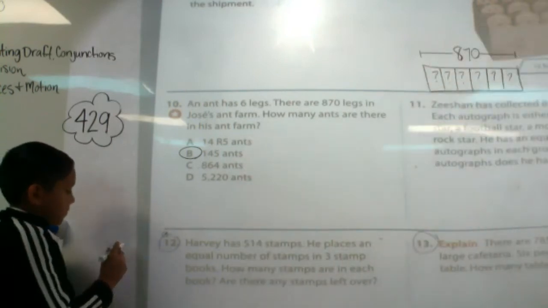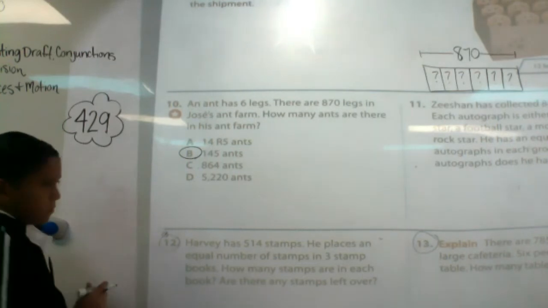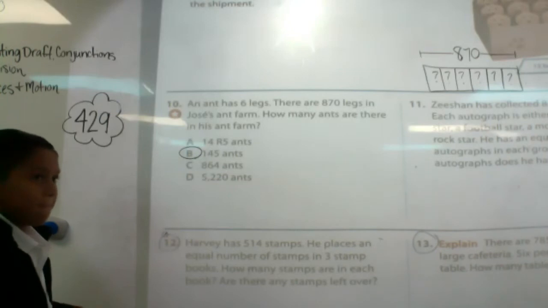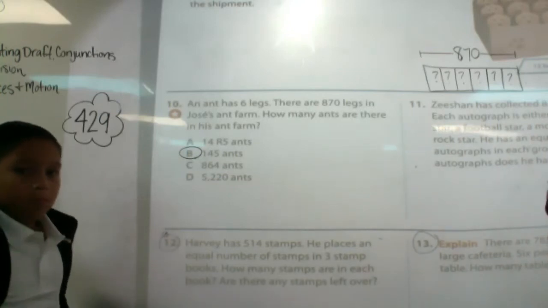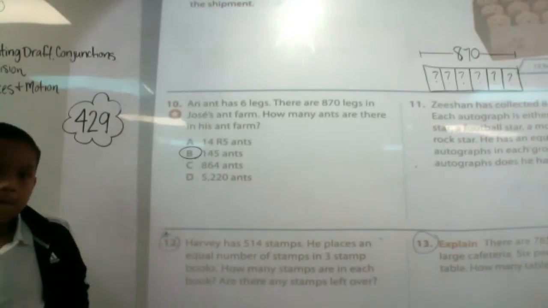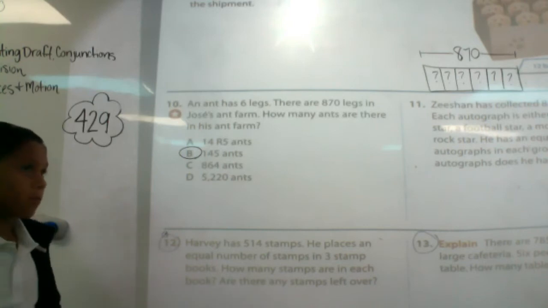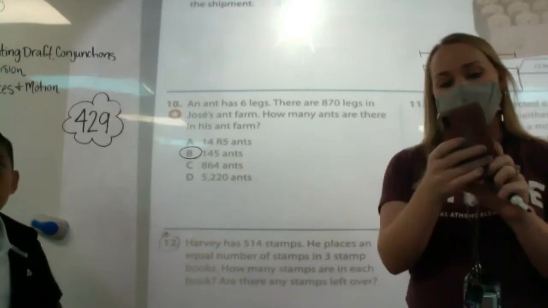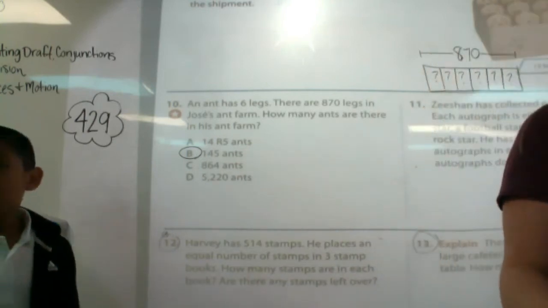Think, Amelia? We could have done the multiplication wrong. Or the division, you mean? You wouldn't know what 6 times, if you didn't know what 6 times 5 was. Okay, but how would I have gotten one of these answers? Remy?